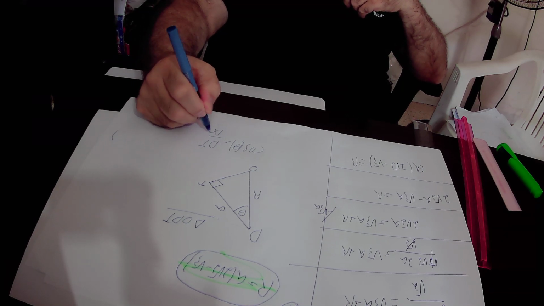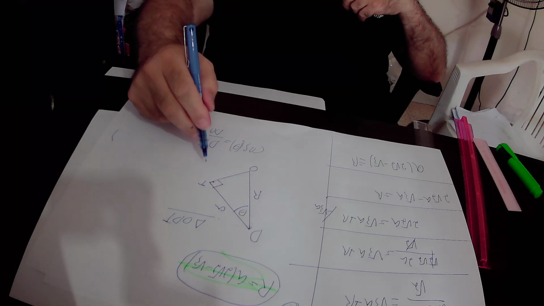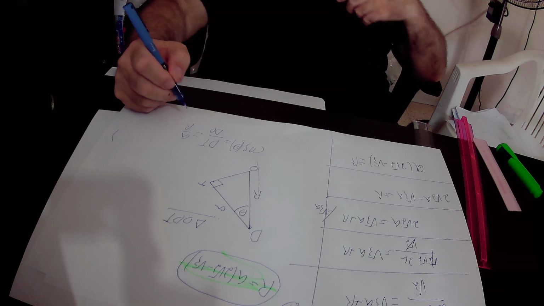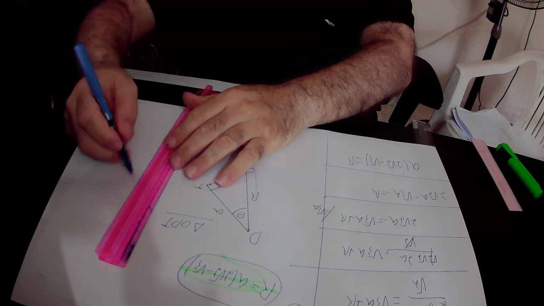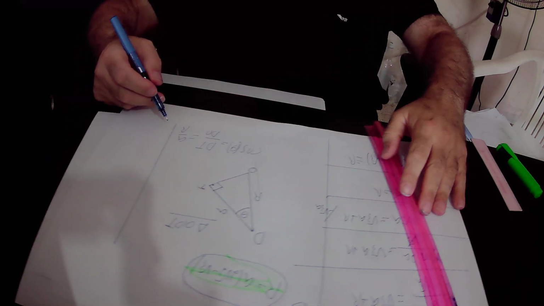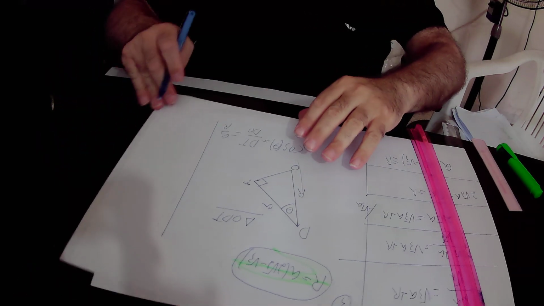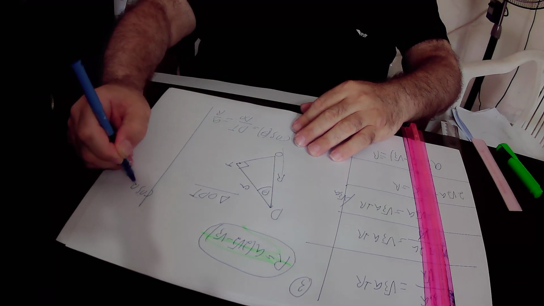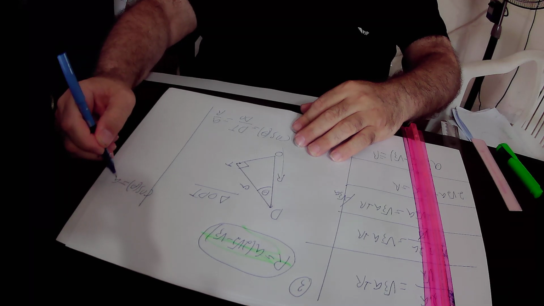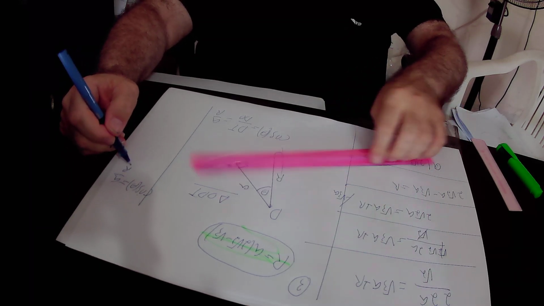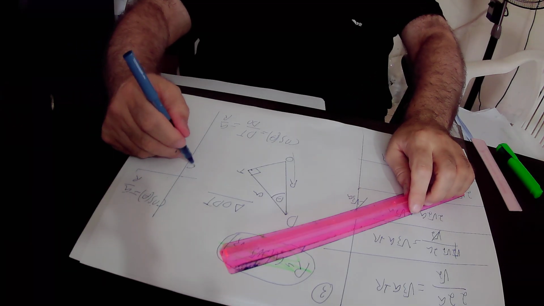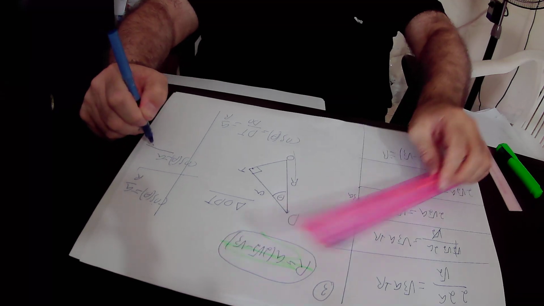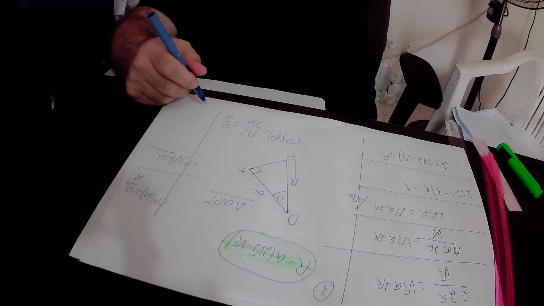DT equals A and DO equals R. So in conclusion, we found out that cosine theta equals A over R, and R equals A times (2 times square root of 2 minus square root of 3).